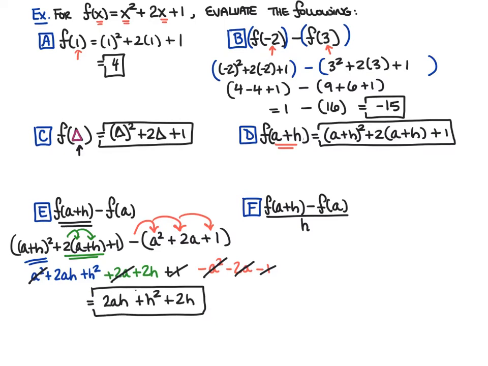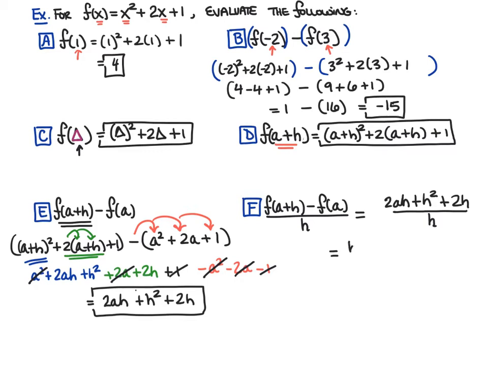All right. And part F is the same as part E, but it actually has us divide by h. So from part E, I know that the numerator is 2ah plus h squared plus 2h. And that's all going to be divided by h in this example. And the reason why I'm showing you this is the last step. We want to simplify this a little more.